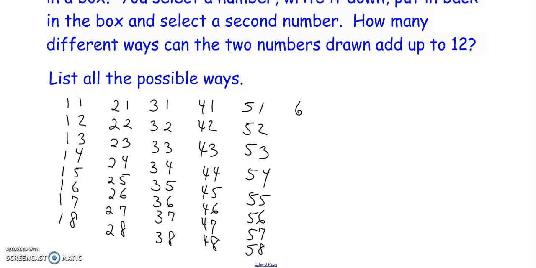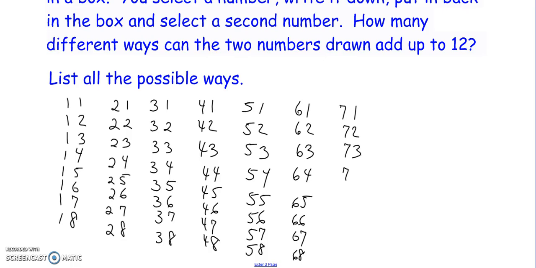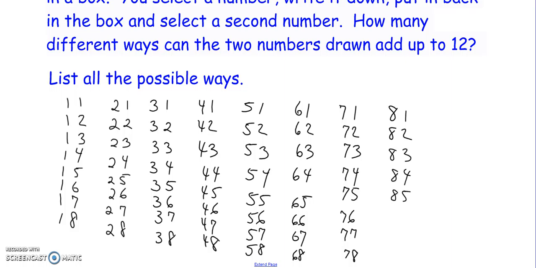If I draw 6 as the first number, what are the possible outcomes I could get after that? 6, 6, 6, 7, 6, 8. If I draw 7 as the first number, 7, 6, 7, 7, 7, 8. And then last but not least, 8, 1, 8, 2, 8, 3, 8, 4, 8, 5, 8, 6, 8, 7, 8, 8.